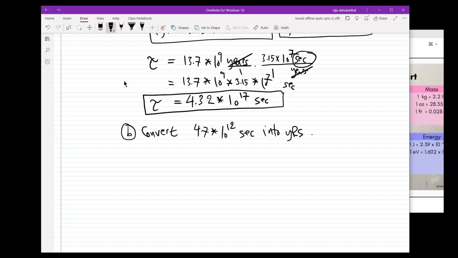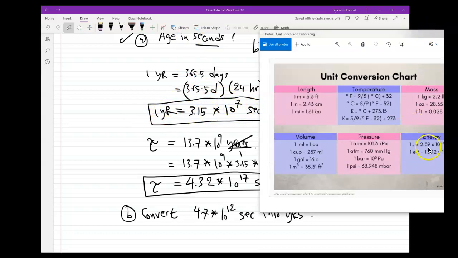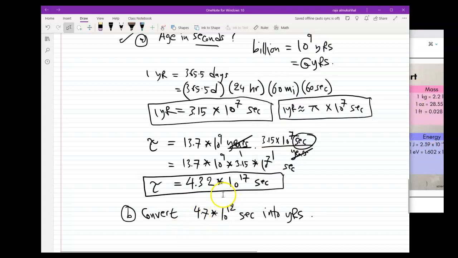Well, the same thing. I already know the conversion factor. It's right here: 1 year is 3.15 times 10 to the 7 seconds. I'm not sure if my little conversion chart here has it for the time. No, I don't have it here. Anyway, there we go.